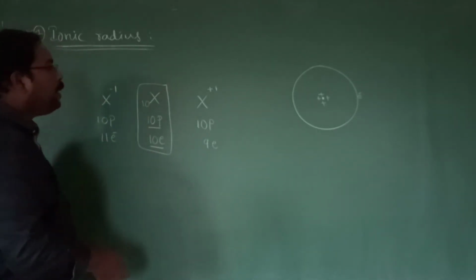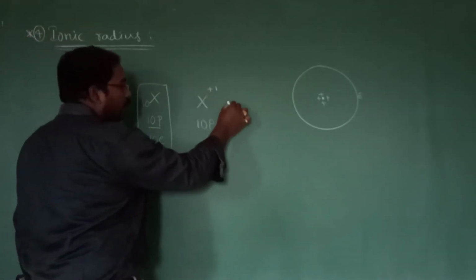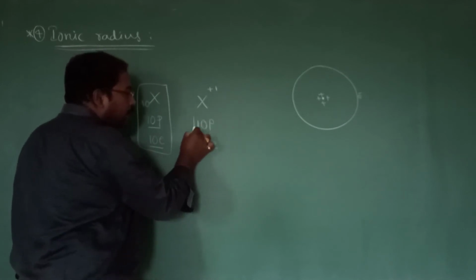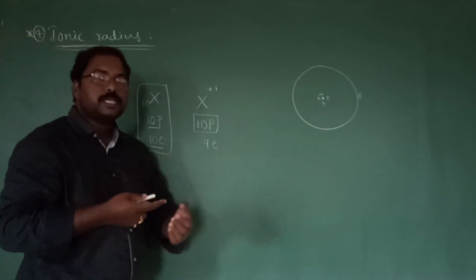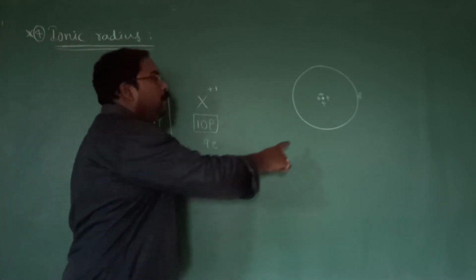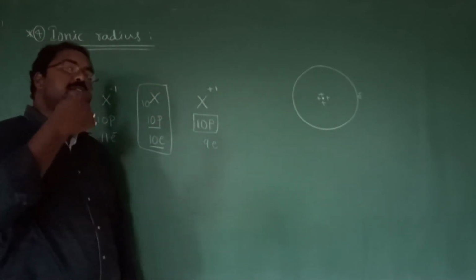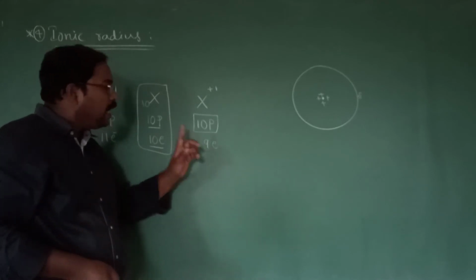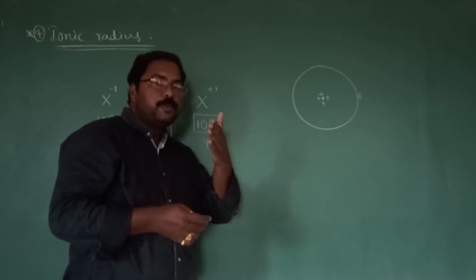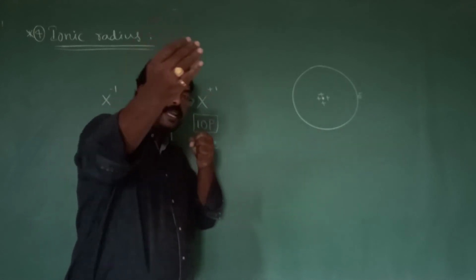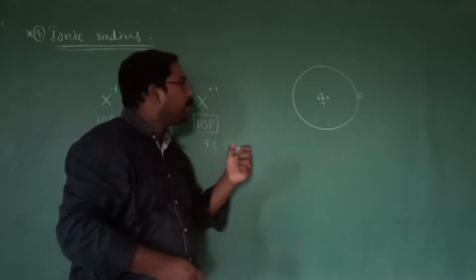Now coming to this cation, what is the difference here? The protons number, meaning the number of positives, is more, nothing but the nuclear charge is more compared to the negative charge. When this side's strength is more, it will pull the other side towards it. Same concept.